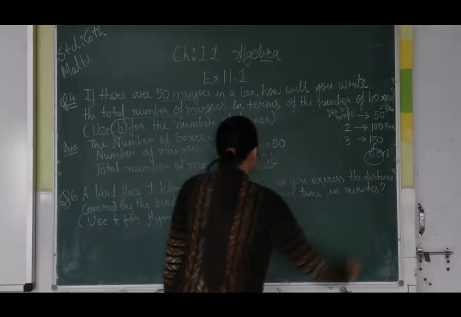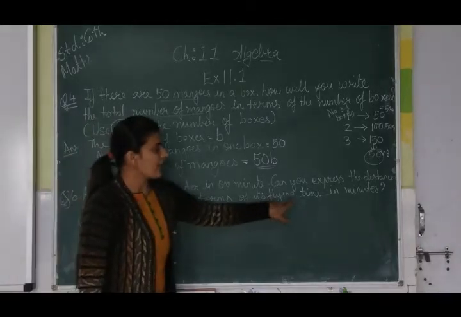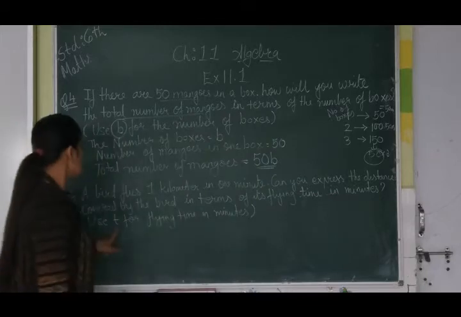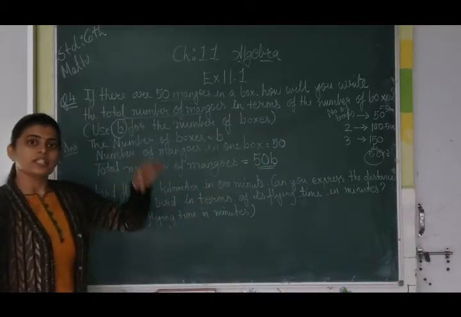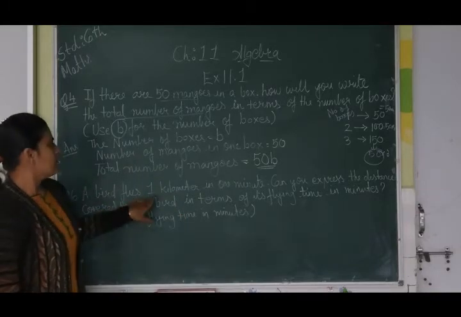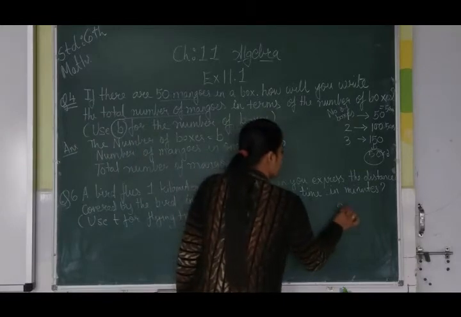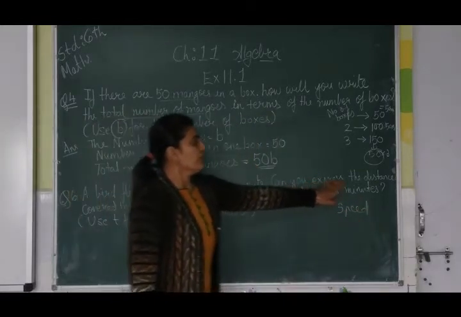Now a bird flies 1 kilometer in 1 minute. Can you express the distance covered by the bird in terms of its flying time in minutes? Use T for flying time in minutes. Now a bird is there, and speed is given: 1 kilometer in 1 minute. So what is given? Speed is given. Now what we have to find out?